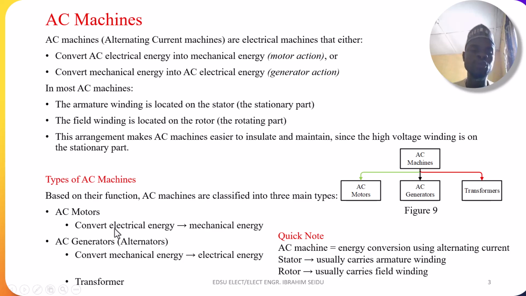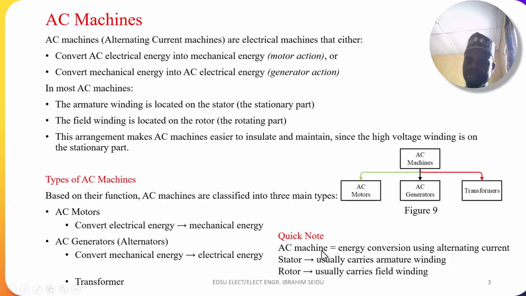Now, an AC motor is a device or machine that converts AC electrical energy into mechanical energy. While AC generators are also known as alternators, they convert mechanical energy into electrical energy. You have to keep this at the back of your mind.